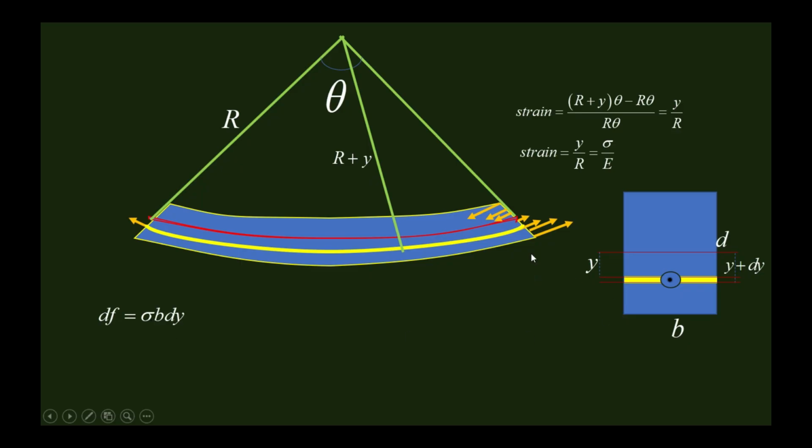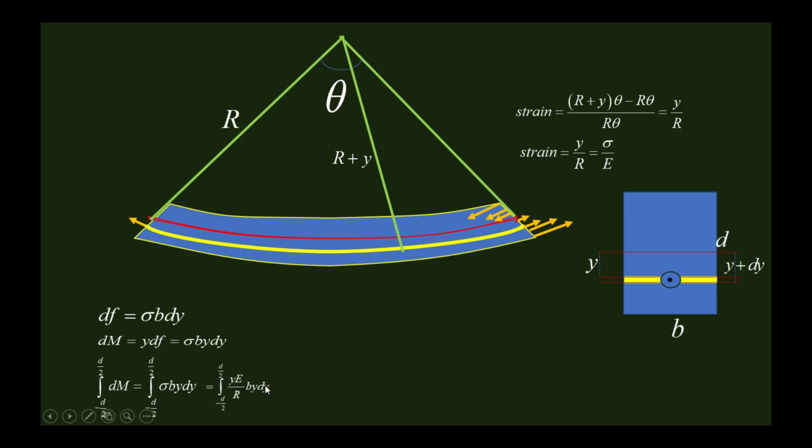If we take the moment or torque of this force about the neutral layer, then dM, the torque acting on this layer with respect to the neutral layer, is y into dF. The total torque acting on the whole cross section about the neutral layer is the integration of this from minus d by 2 to plus d by 2.